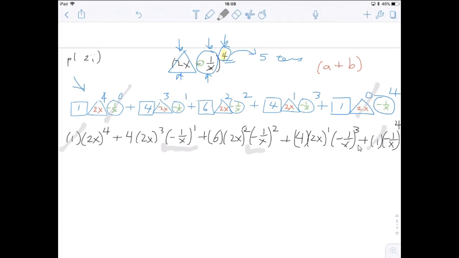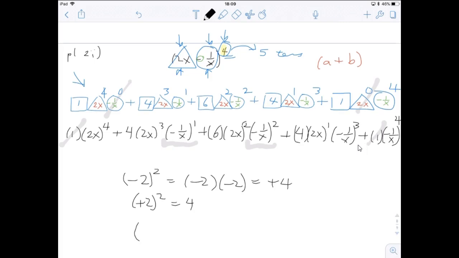What if I have -1/x to the 2nd power? If I have like negative 2 squared, that's equal to negative 2 times negative 2, which is equal to positive 4. So the negative is like it wasn't there, right? Negative 2 squared is the same thing as positive 2 squared. So when is it that the negative inside the parentheses actually makes a difference? Well, when the negative happens to be in an odd numbered power.